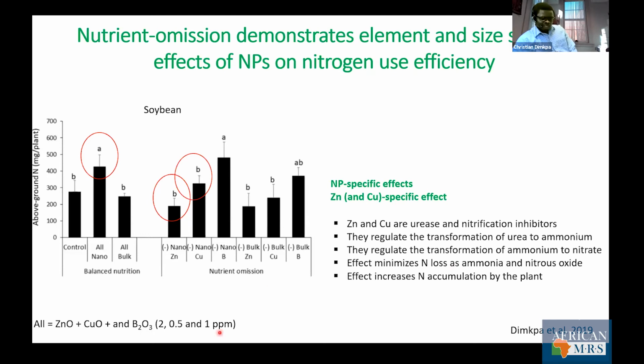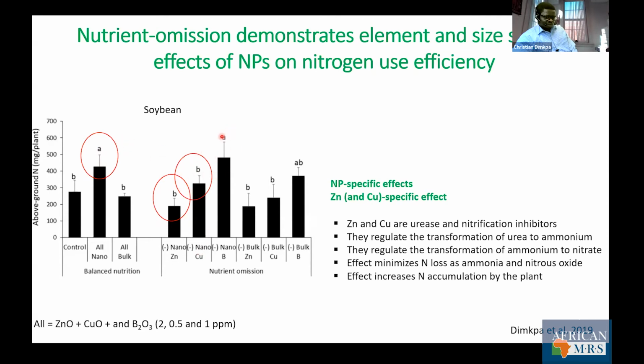So what you see here is that when you have the all nano here, you have more nitrogen taken up in the plant compared to the control. When you have the all bulk, there's no effect compared to the control. And when you start taking out the elements, the nanomaterials one after the other, when you take out the zinc oxide, you have reduced nitrogen uptake compared to the all bulk. And for the copper also, you have reduced nitrogen uptake compared to the all bulk.